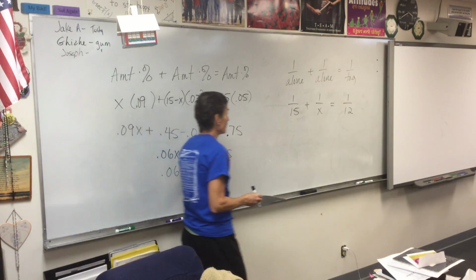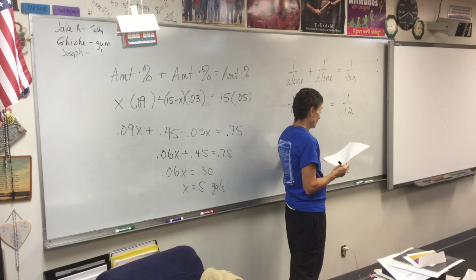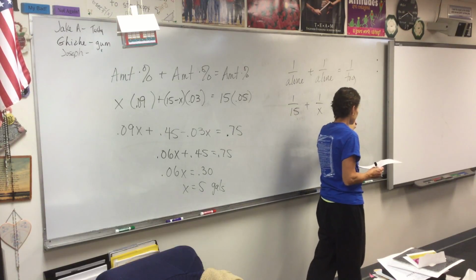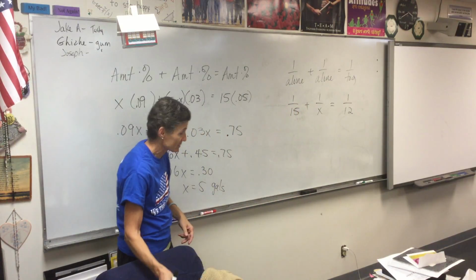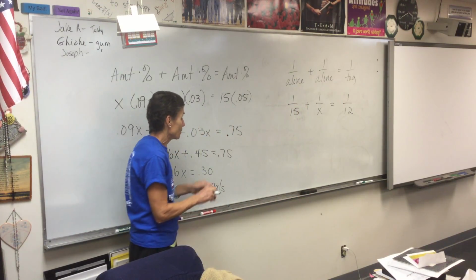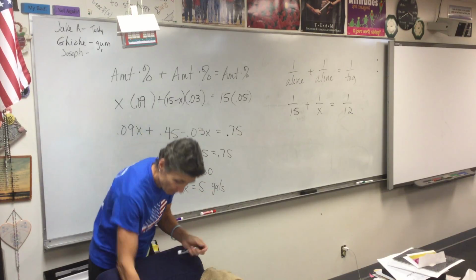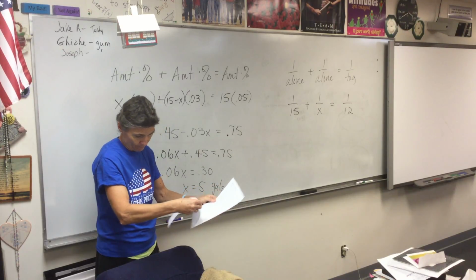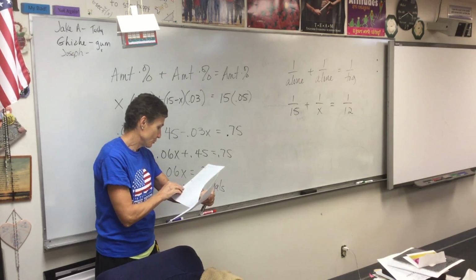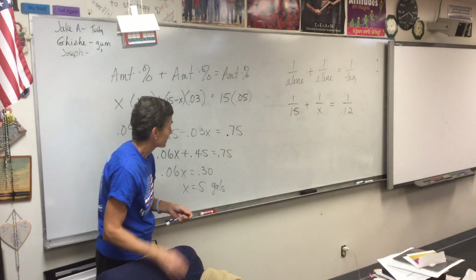But in this problem, they tell me that Will is 15 by himself, Zane and Will together are 12, and we're figuring out what Zane is by himself. We had a problem that looked just like this a while ago. The problem that looks just like this was number 2E.